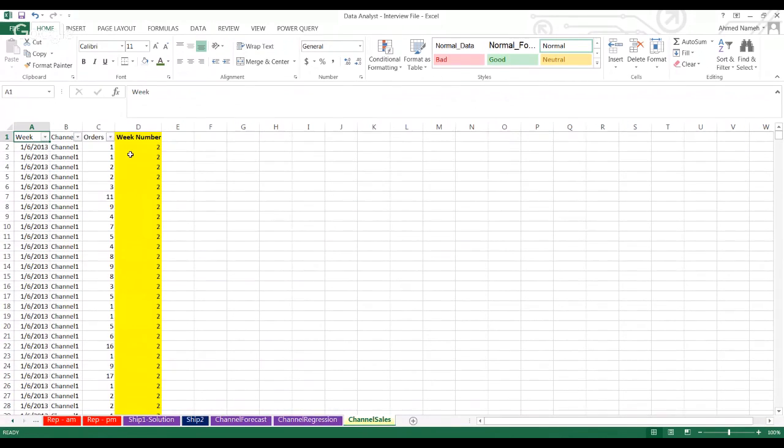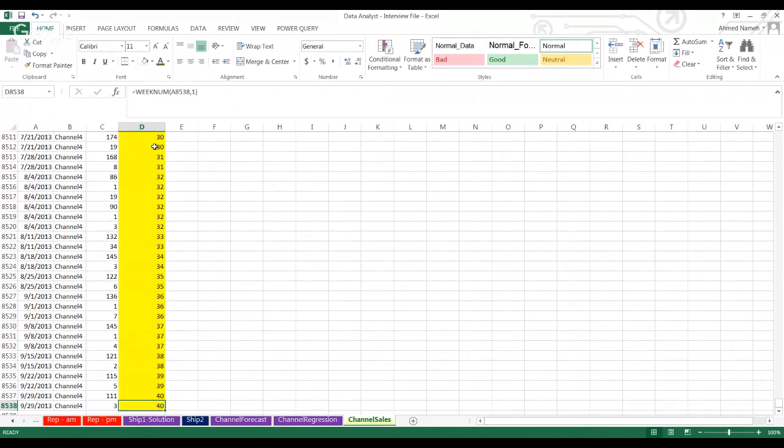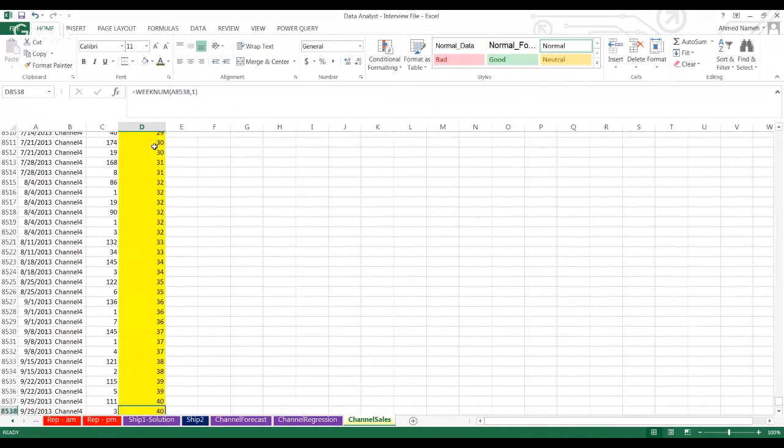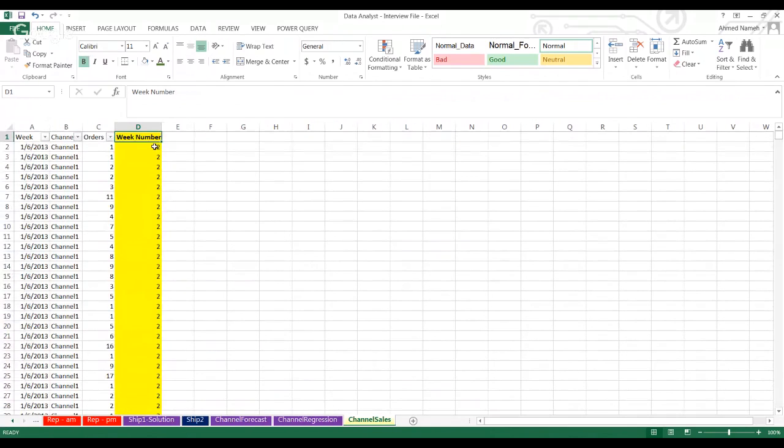So the first thing I did, and I had mentioned why I did this earlier for a prior exercise, to make things nice and tidy, I extracted the week number from the date that was provided. So for example, our starting point would be week 2 because January 6th, 2013 falls into week 2 of that year. Our numbers go all the way up to week 40. So you're looking at data from week 2 of 2013 to week 40 of 2013.